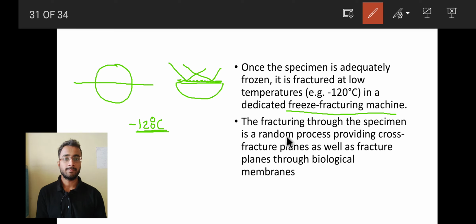The fracturing through the specimen is a random process, providing cross fracturing planes as well as fracturing planes through biological membranes. It can cut this sample at any plane, like this or this, anything, and it will give very detailed information of that particular surface.